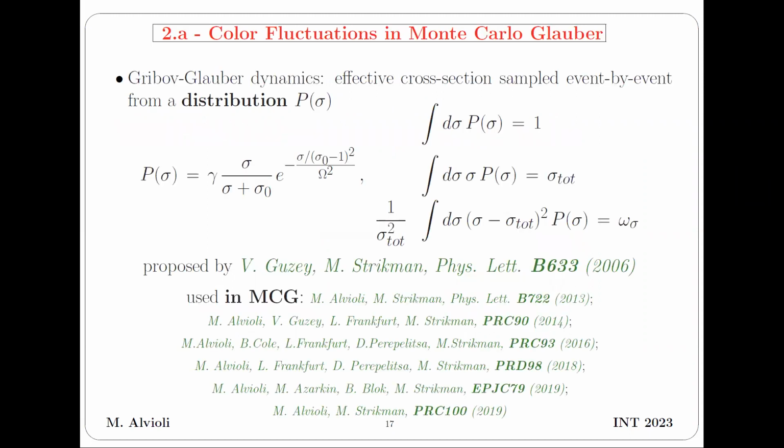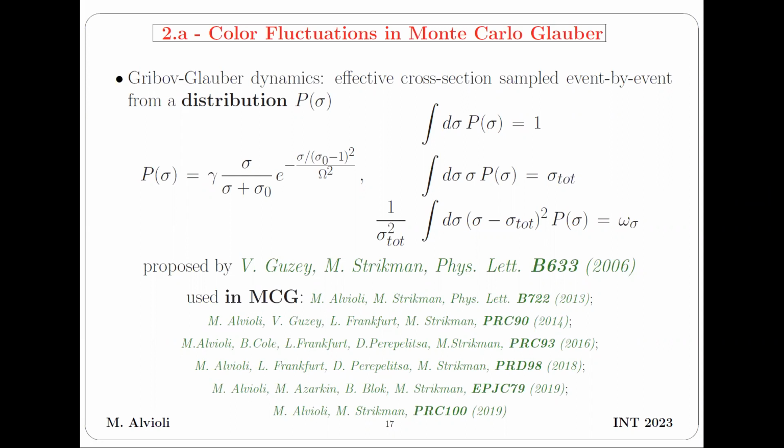The way we implement this machinery of color fluctuations in Monte Carlo Glauber is rather simple. Instead of a fixed proton-nucleon cross section, we use a distribution P of sigma, which has this shape, and the parameters entering this distribution are fixed with these integral relations, and by observations.